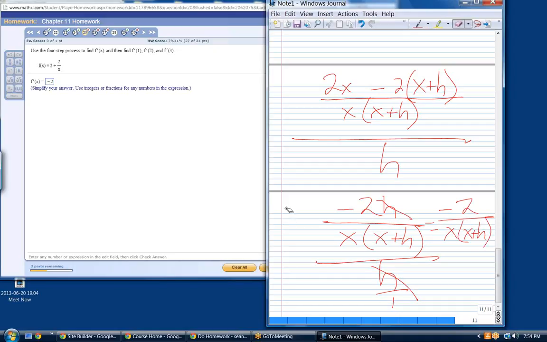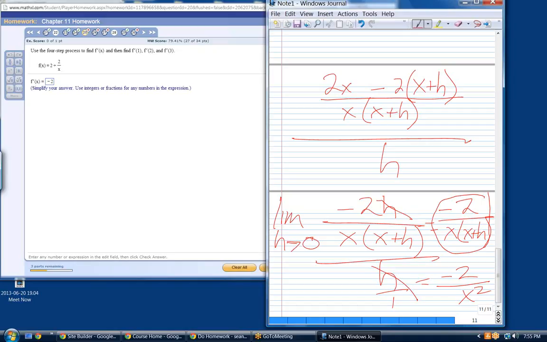And remember, we're taking the limit of this as h goes to 0. What's the limit of that as h goes to 0? -2 over x squared. Because I have to distribute the x. X times x is x squared.